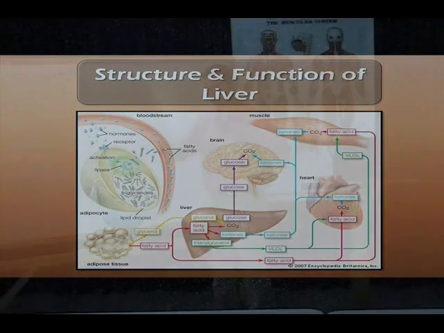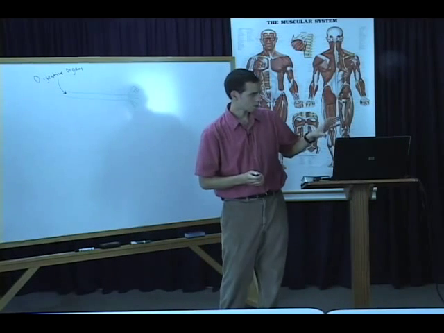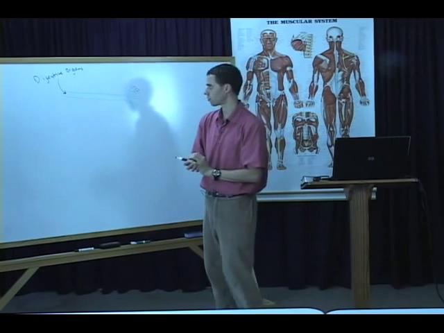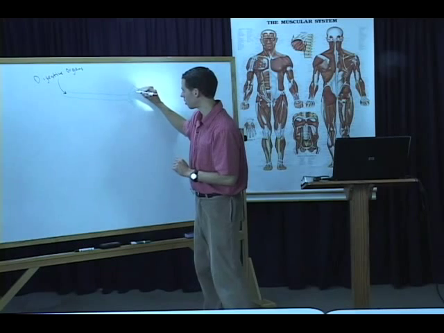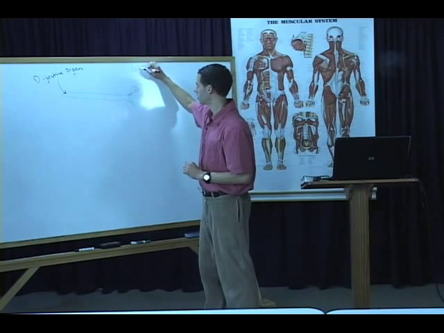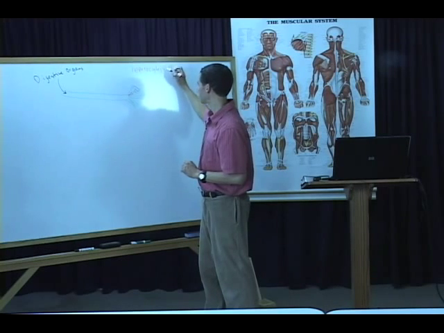Most cells are clumped together in groups of tissue. Liver cells are in a liver tissue. It's a mass of tissue. It makes it the liver organ. But the actual cells involved here are called hepatocytes.